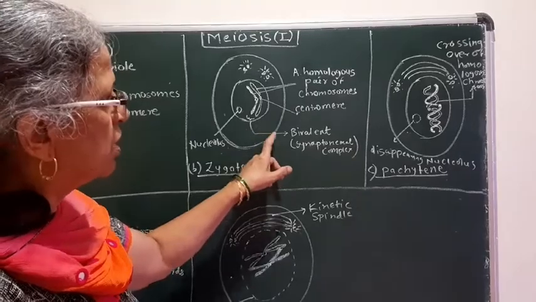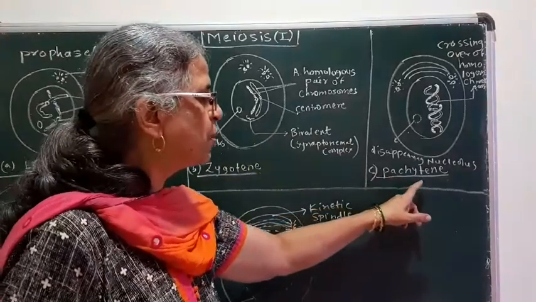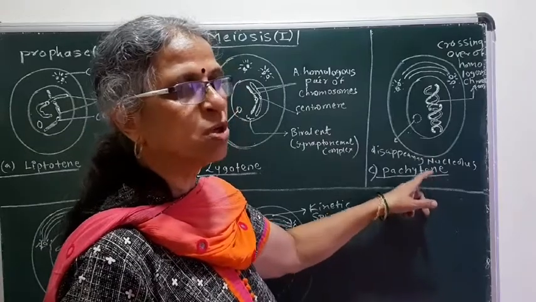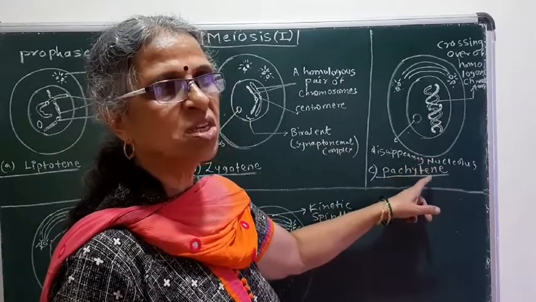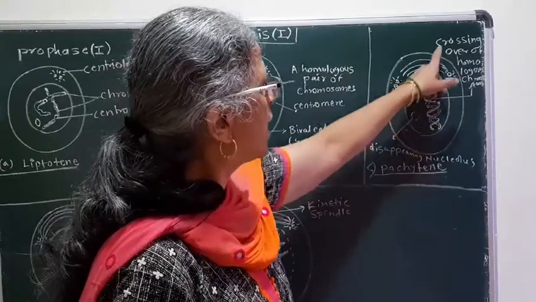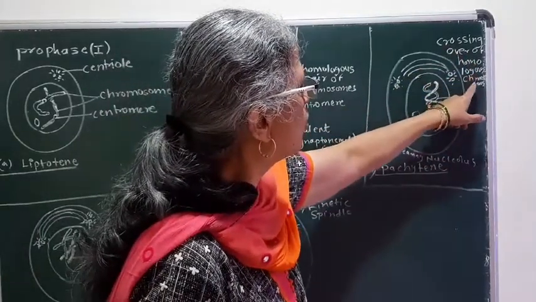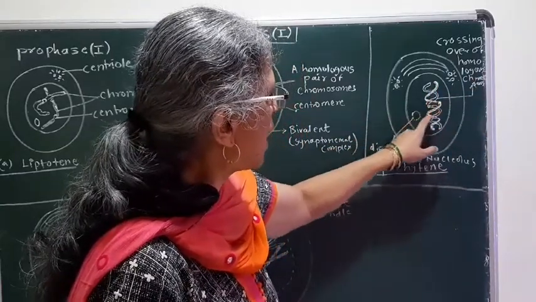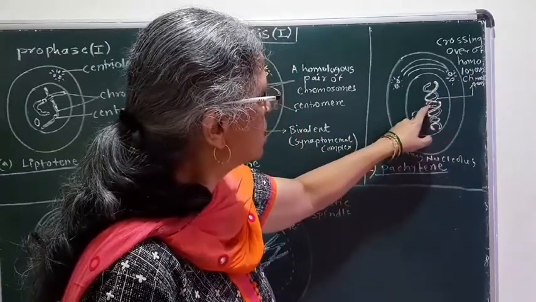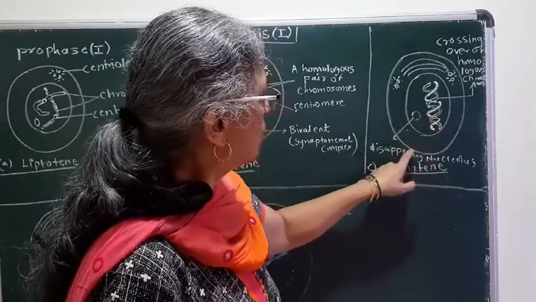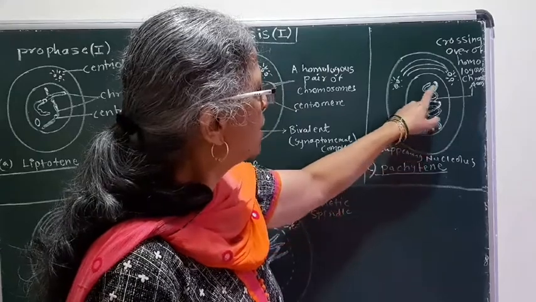Followed? Then in pachytene, a very important step which does not occur in mitosis, and thus we don't have any genetic variation in mitotic division. Here there is a crossing over of homologous chromosomes. One I have drawn dark, this is the centromere, and one I have not made dark. Followed? And the nucleolus starts disappearing, and there is crossing over.